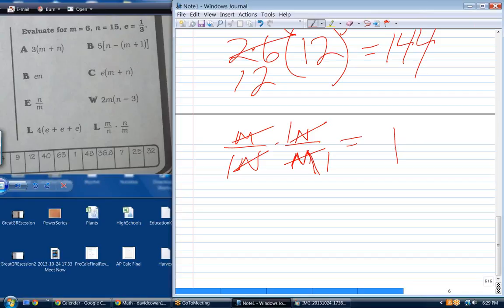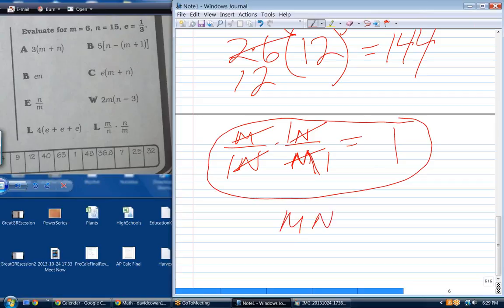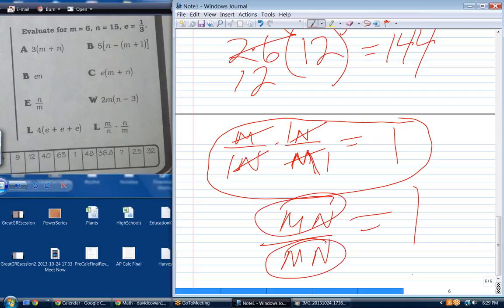That's equal to 1 no matter what M and N is, because MN over MN, anything divided by itself is always equal to 1. So we could have answered this without plugging in the numbers. And that's always useful to know also.